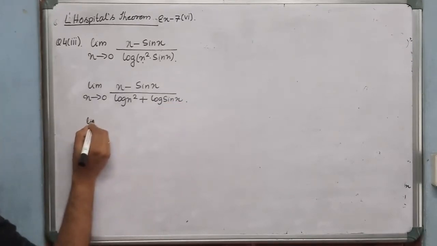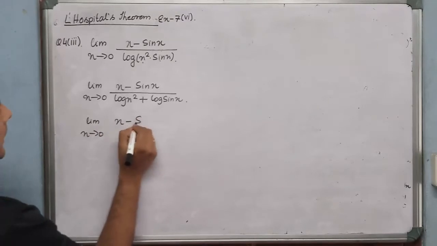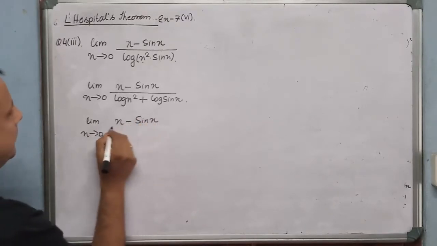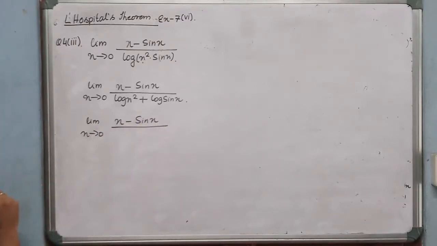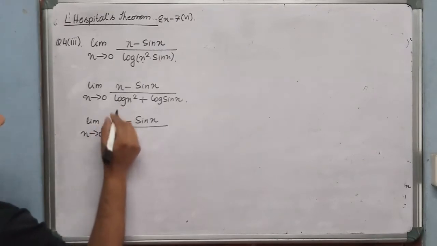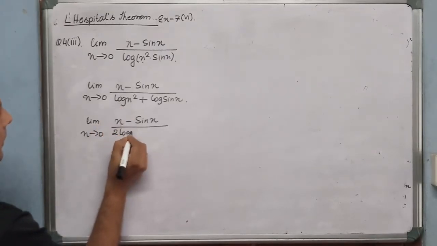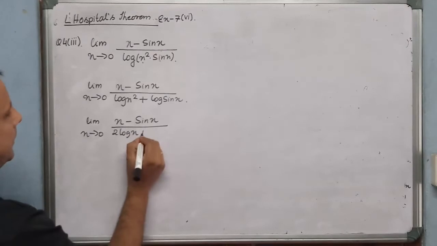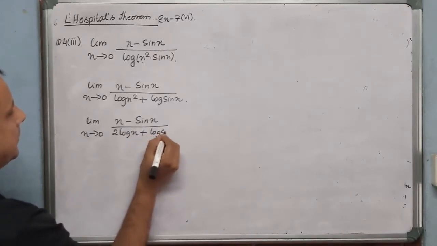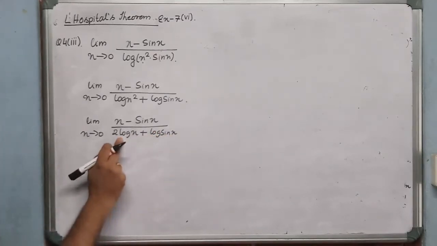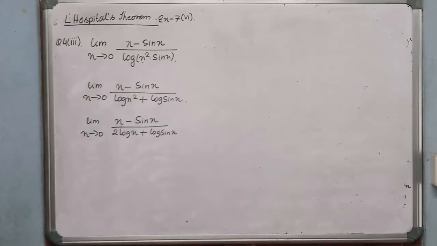Now after this, the limit as x tends to 0 of (x minus sine x) over (2 log x plus log sine x). We have used the property of logarithm. Now before that, I'll verify this one.